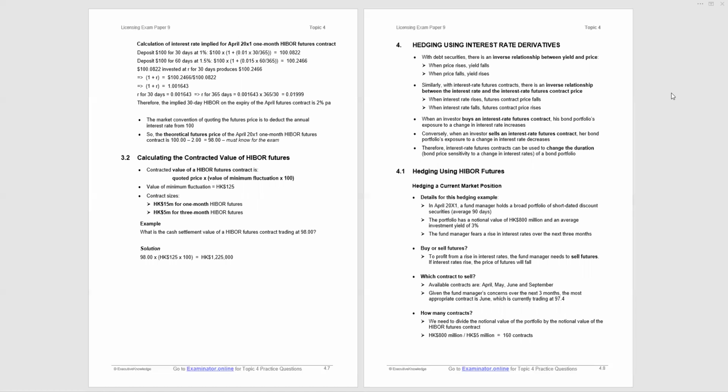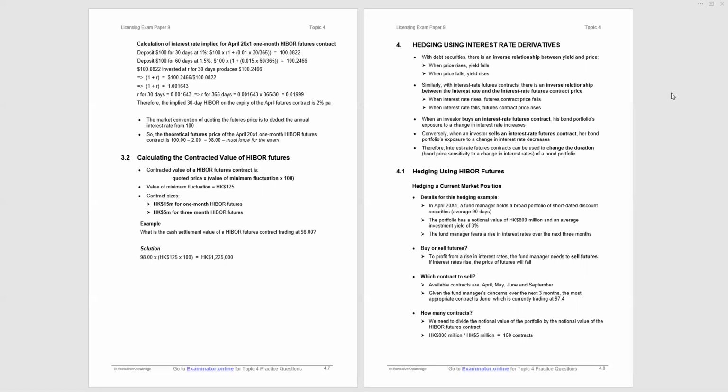So after 30 days, what we receive, if we invest it for 30 days, it should produce 100.2466 because there are no arbitrage opportunities. That means that 1 plus R is 100.2466 divided by 100.0822.